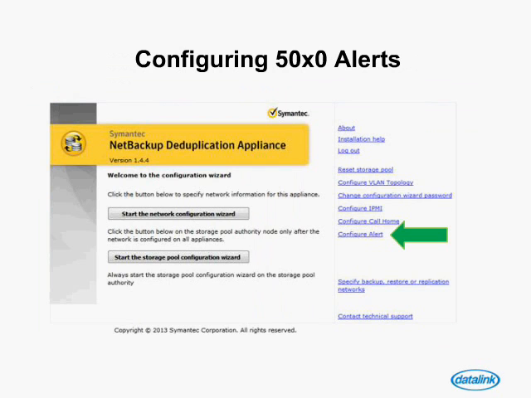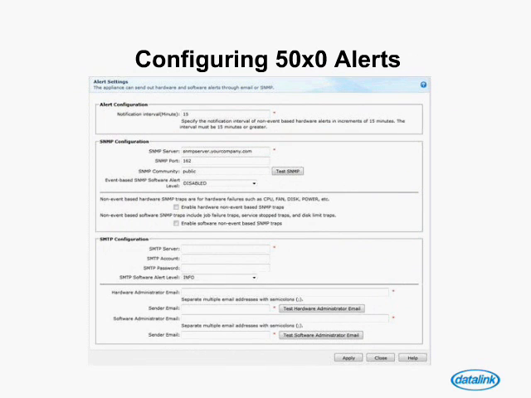But if you notice here, there is a configure alert. When you click on that, it will bring up a web page where you can configure how often the appliance is checking itself and whether it's creating an SNMP trap or an email for any alert that might be generated.